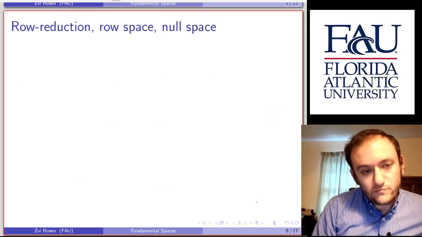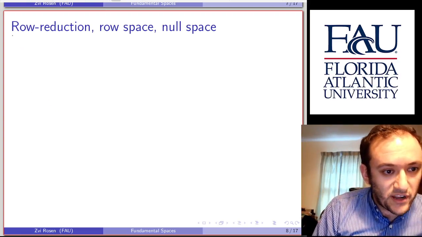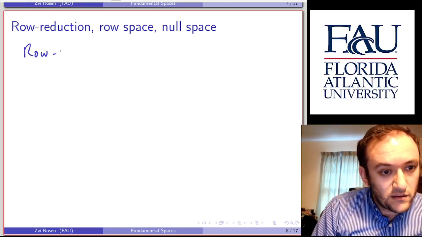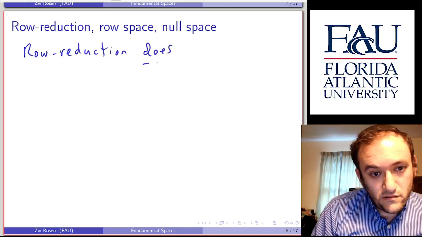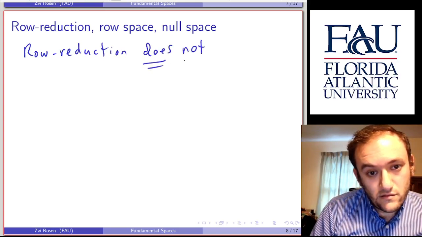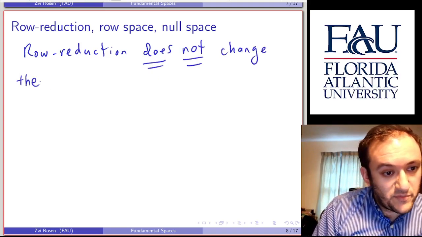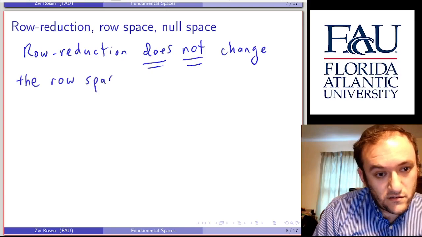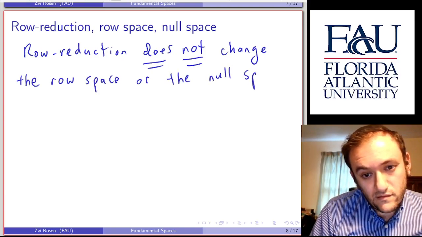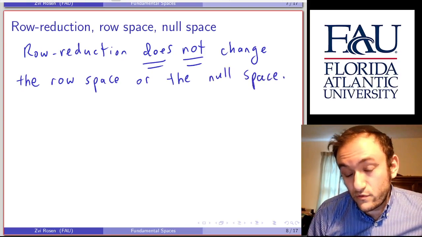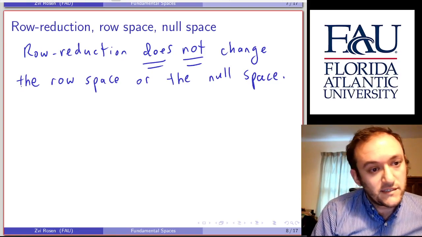Okay, so we mentioned this in passing, but one thing I want to make clear: the process of row reduction does not change the row space or the null space. That's why we've been doing a lot of row reduction as we find bases for the row space and the null space.